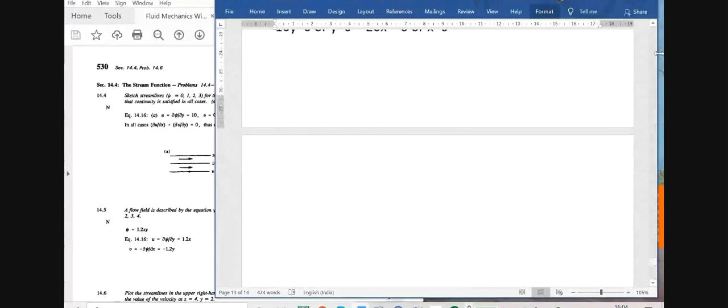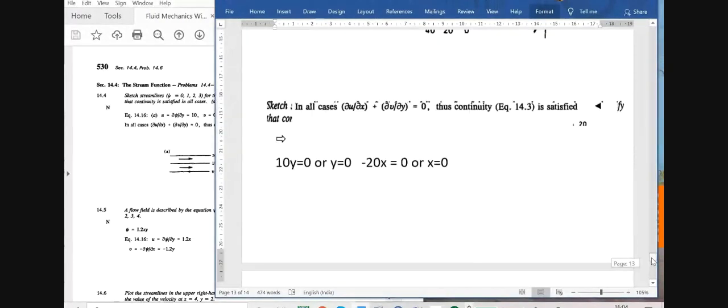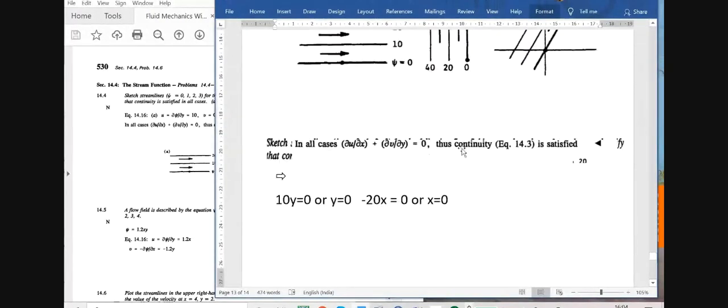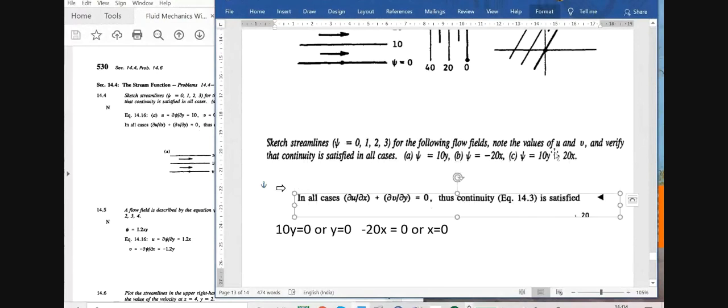The third problem is this one. Psi is equal to 10y minus 20x. So these are the two things.